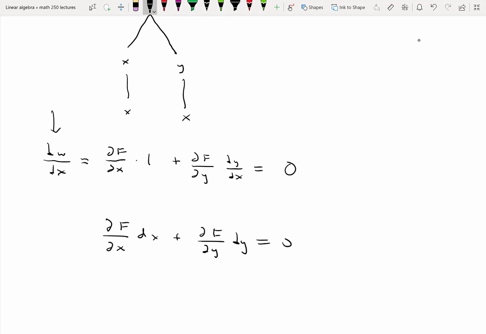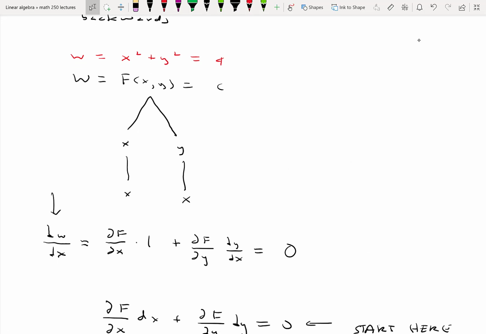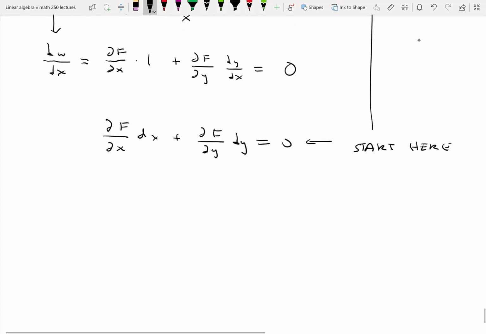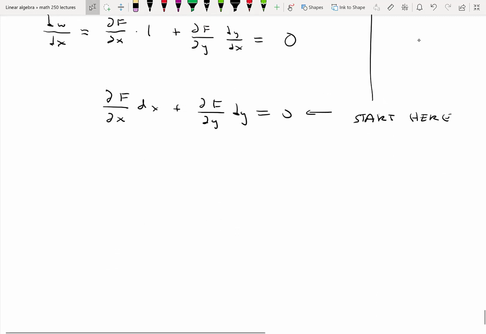And I want to go backwards. I want a method that's going to allow me to start right here and go backwards to the solution that will look like what we started with. Here I started with the solution and used the chain rule to get a differential equation. I want to start with the differential equation. Now the differential equation is not going to have partial derivatives in it.